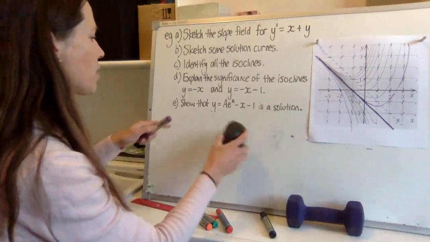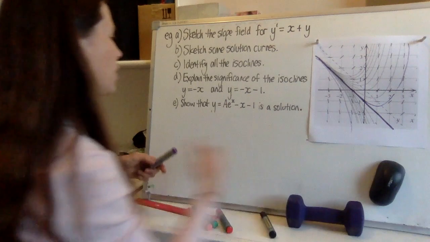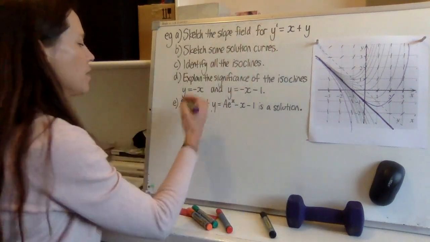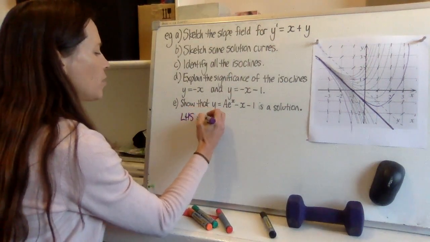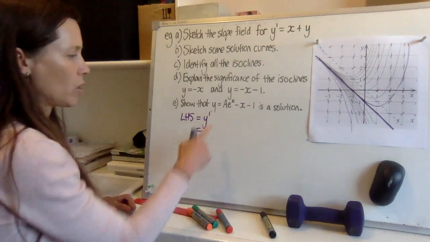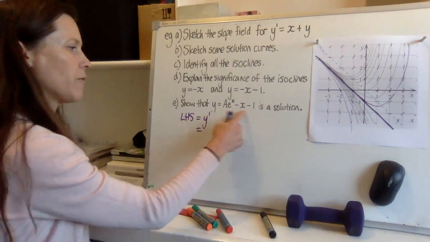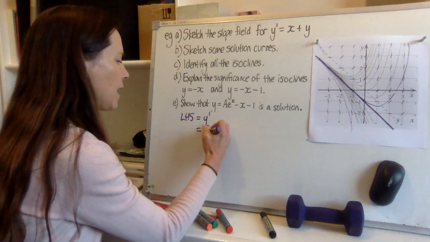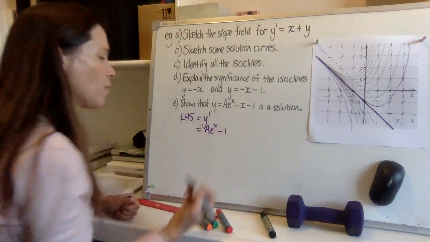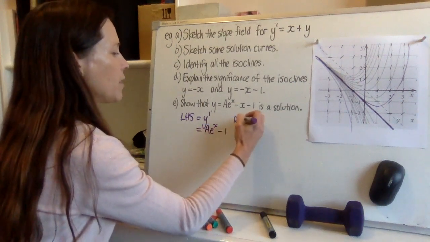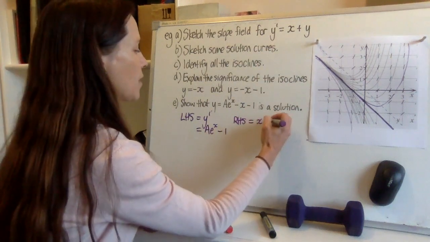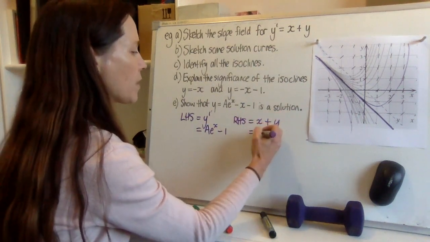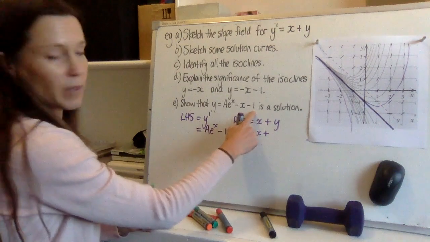So if I just leave that there and I can work underneath here, then subbing in the left hand side of the differential equation is y dash. So if our y is this, then differentiating with respect to x, we get a e to the x minus 1. Whereas the right hand side of the differential equation is x plus y, and that gives us x plus all of this is y, isn't it?